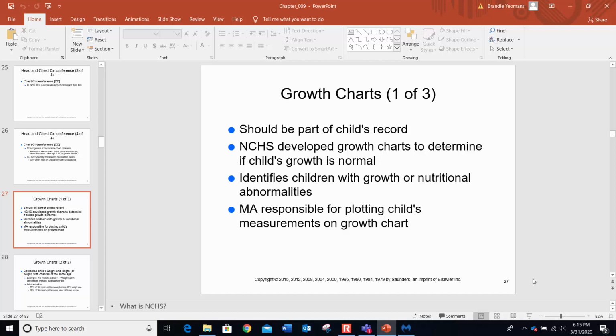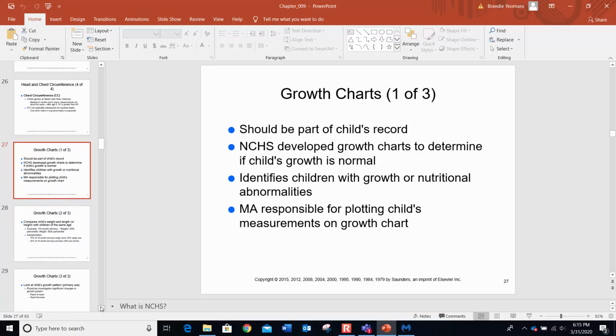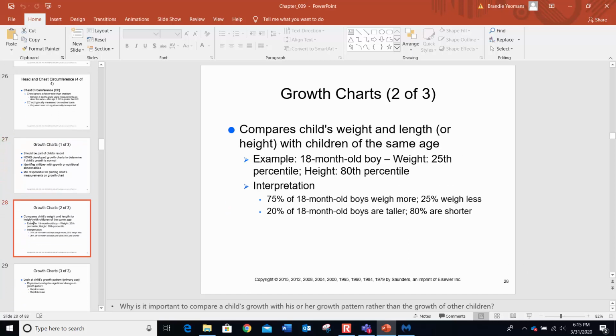It's going to help us identify any problems that might be coming along, and then we are responsible for reporting that information to the physician. That's the biggest thing I want you to remember here. It's all about making sure that the child is consistently doing well. We don't want to see any dramatic fluctuations or drops. That's kind of alarming to us.